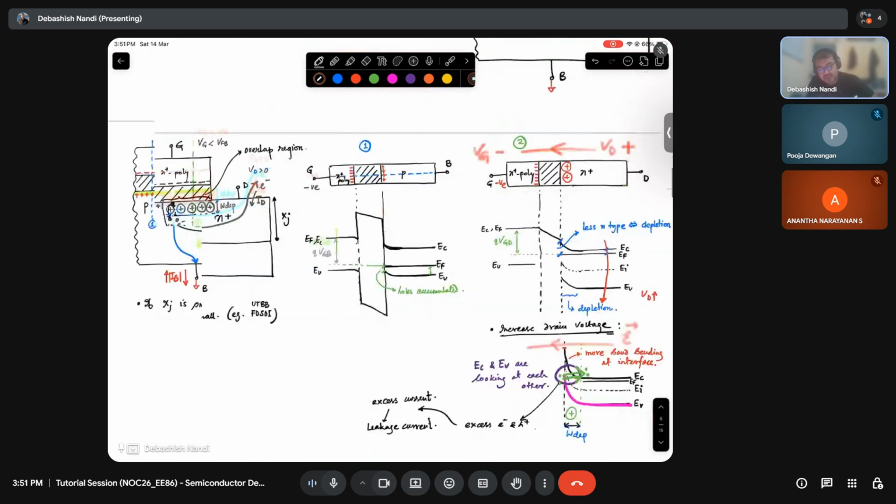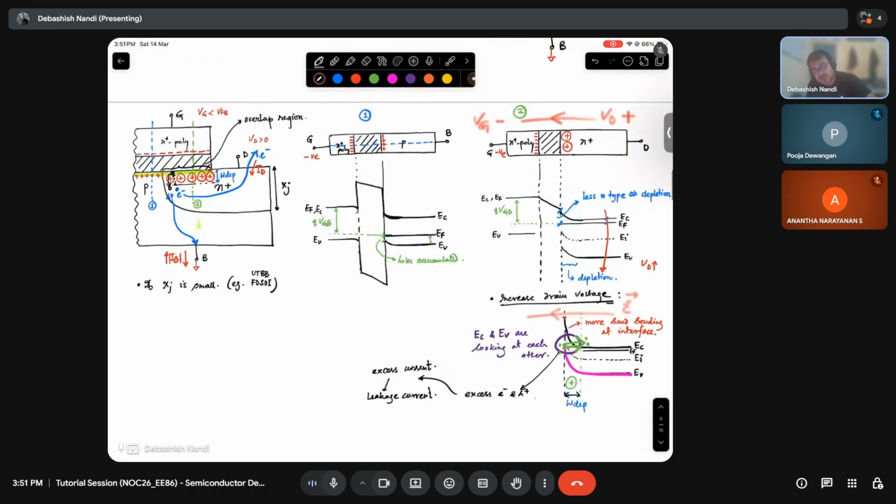Because decreasing VGS is equivalent to increasing VDS, since effectively it depends on VDG. Reducing VG or increasing VD has the same effect. Understood? So this is what your gate induced drain leakage is.